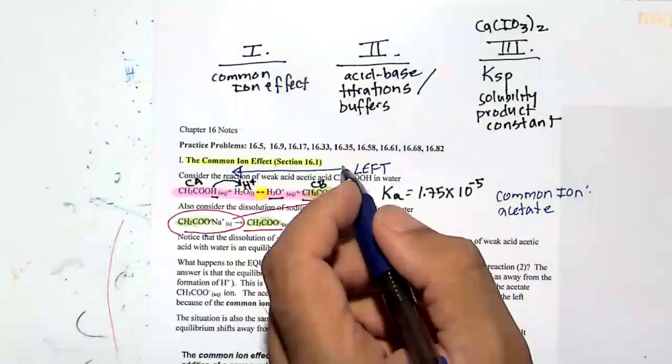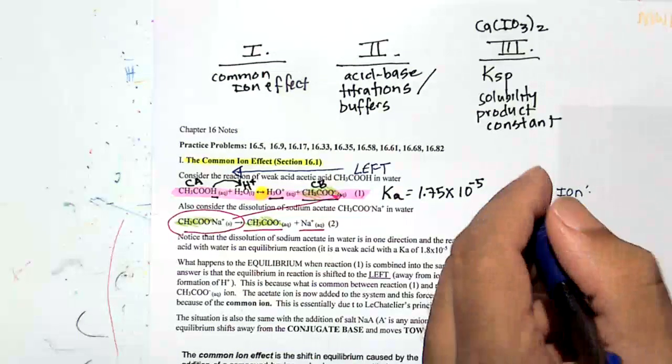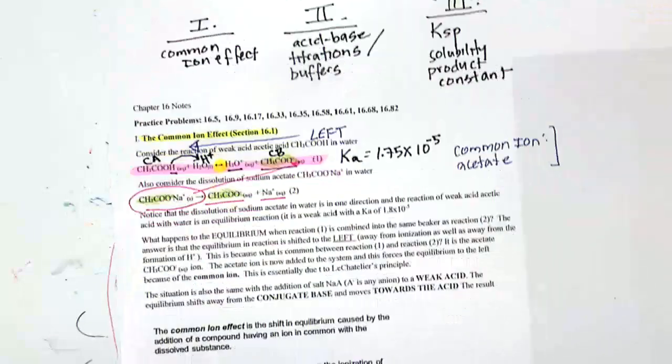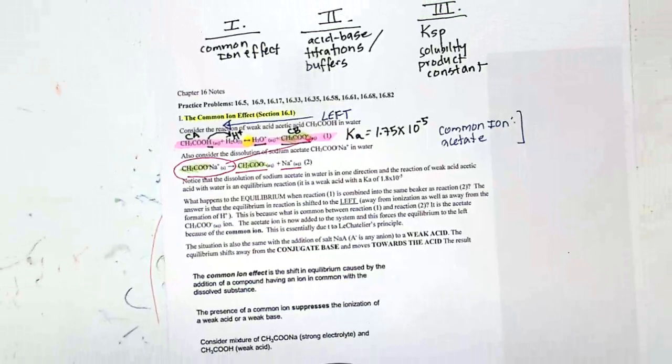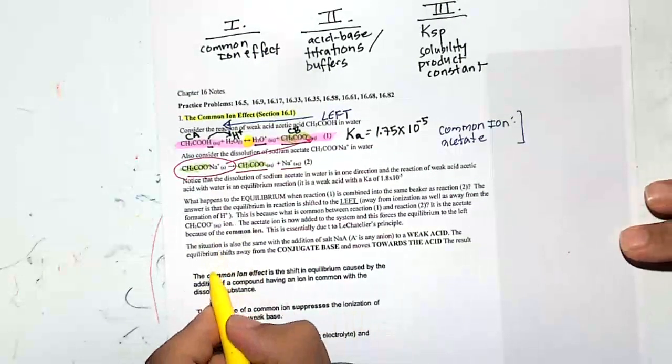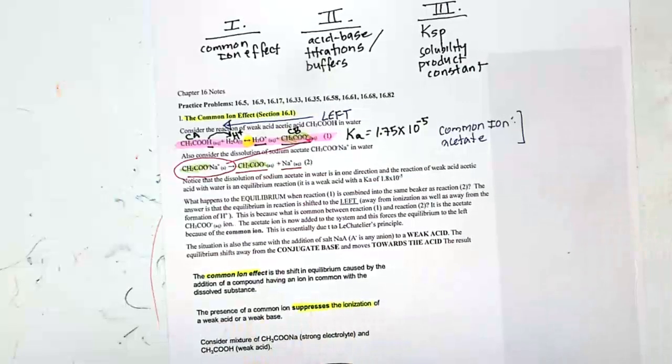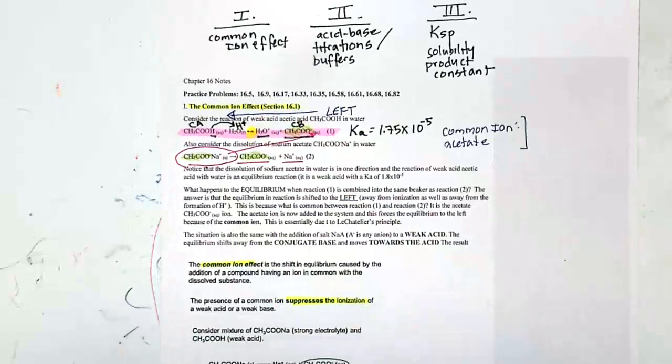The equilibrium will shift to the left, and it's going to essentially suppress ionization. Okay, so can we associate these two words, common ion effect, with suppressing ionization?